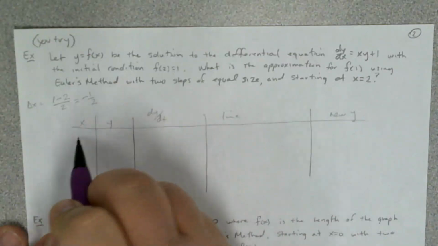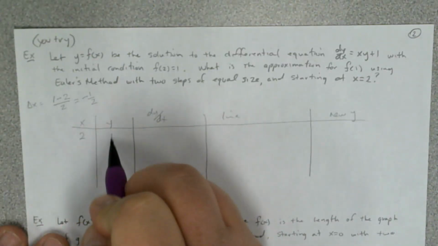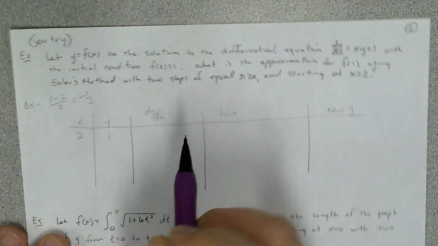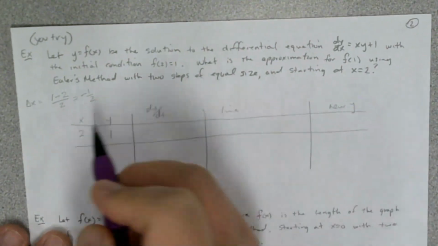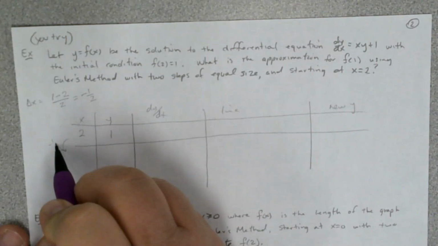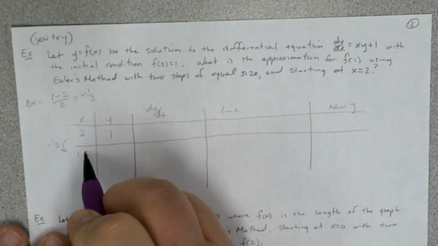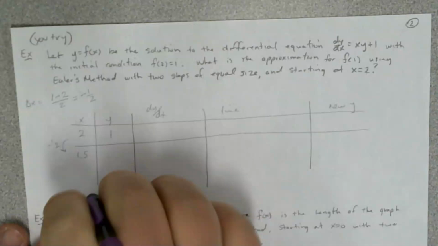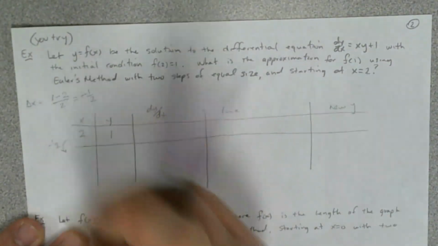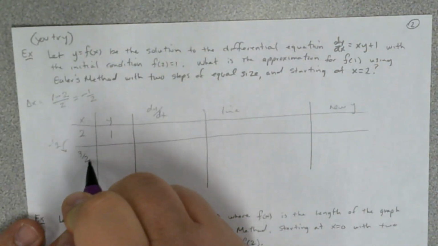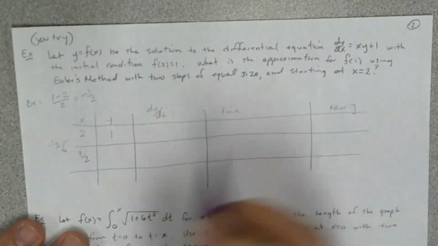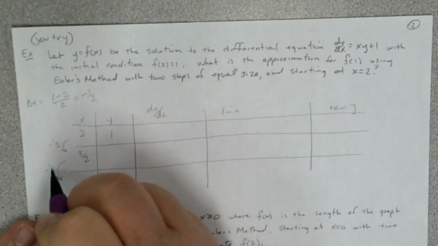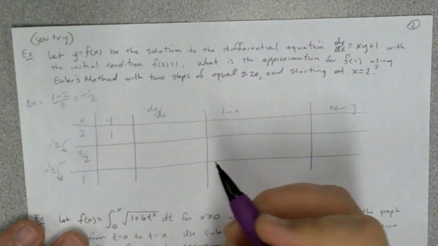I'm going to start at 2 and 1, and then I'm going to go to the next line. I'm going to subtract 1/2. So this is now going to be 1.5 or 3 over 2. I'll leave it as a fraction. 3 over 2, and then one more step, negative 1/2, and so this is going to become the 1 right here.